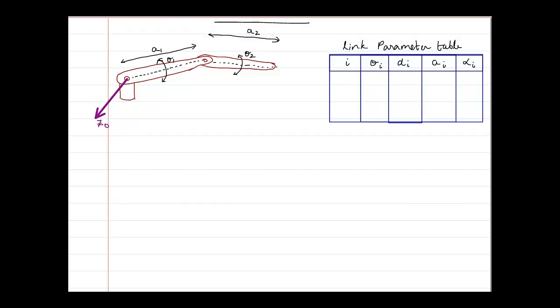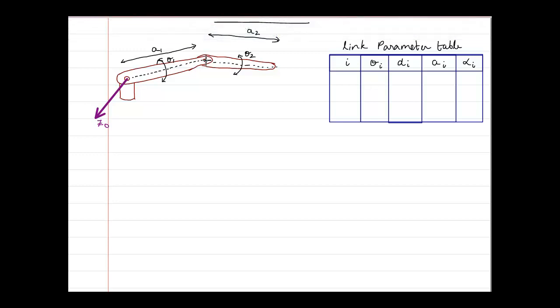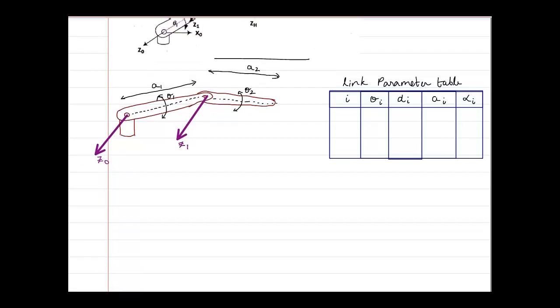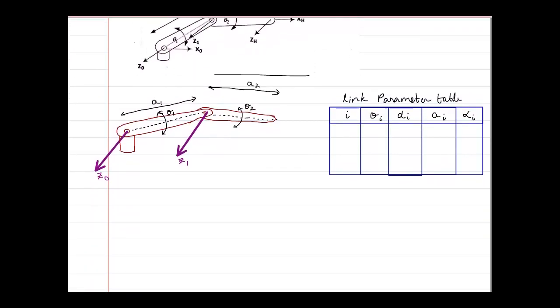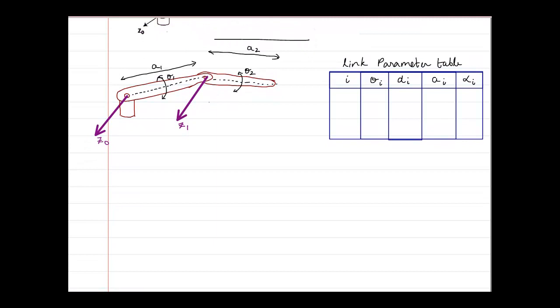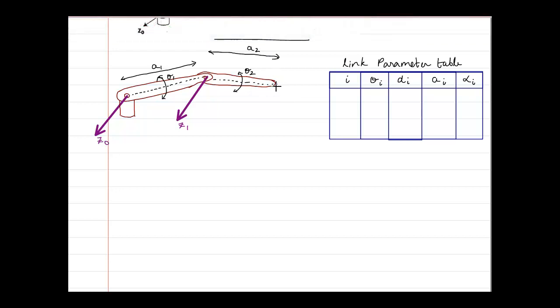Then the second is, again, a revolute joint. So I will again draw an axis which is coming out. That is the axis of the second one, and that is going to be z1. And here they have already drawn for the third, the end effector, which they have given as h, so I can write it as z2 for the third axis, but since it's already given in the question, I will draw it similarly.